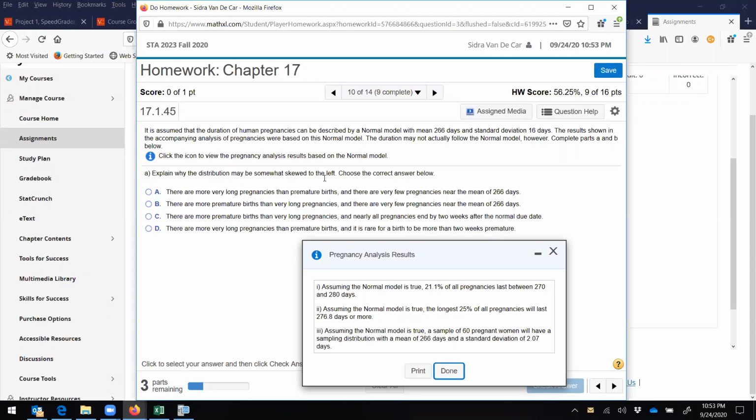Well, if it's skewed to the left, then that would mean that we would have a few. We'd have more very long pregnancies than premature births. And it would be rare for a birth to be more than 2 weeks premature.